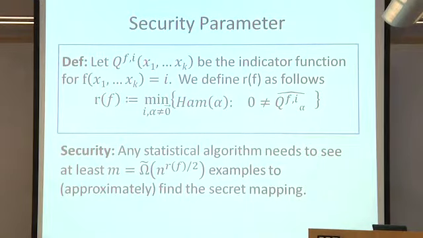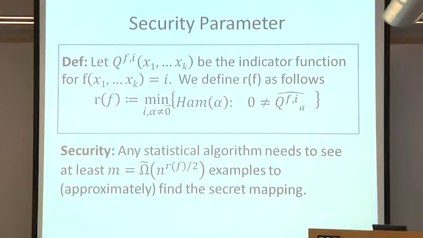Okay, so formally, we can define our security parameter R of f in terms of Fourier coefficients. So we can have an indicator function for the event that the response to a challenge is the number i. And in this case, our indicator function is 1 if that event occurs, 0 otherwise.